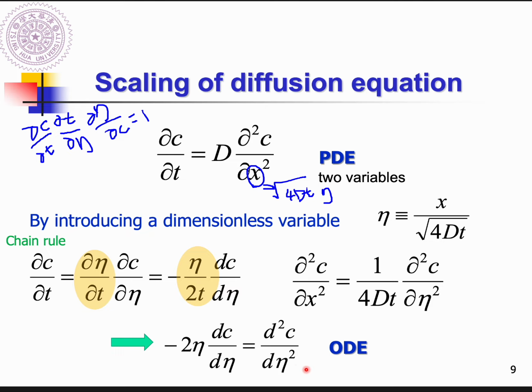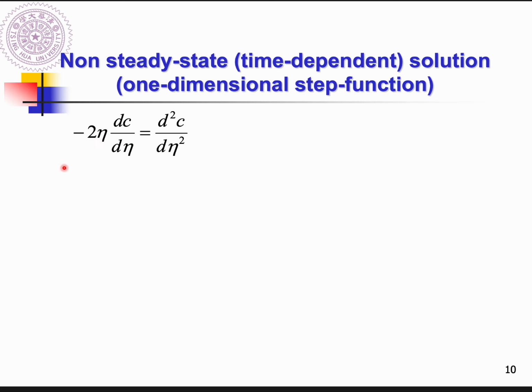So next, I'm going to try to solve this ODE to get c as a function of eta. So how to do this? I copy this equation and let q equal dc over d eta. So you got minus 2 eta q, and this one actually is just dq over d eta, right?